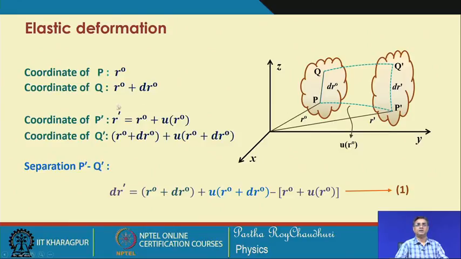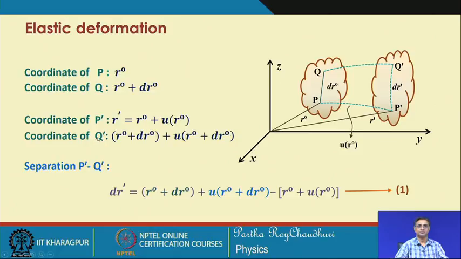Now, let us see that the coordinate of P dash is now r 0 plus u of r 0, a function of r 0, whereas the coordinate of Q dash, originally r 0 plus d r 0, becomes r 0 plus d r 0 plus u as a function of r 0 plus d r 0, which is the new position.